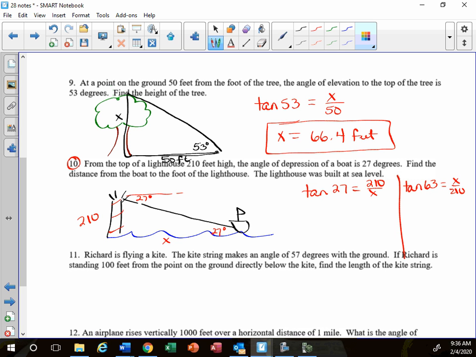Did anybody do that? Okay, that's fine. Either way, you should get 412.1 feet. Okay? All right.